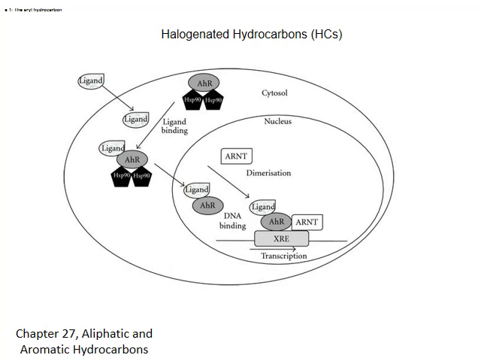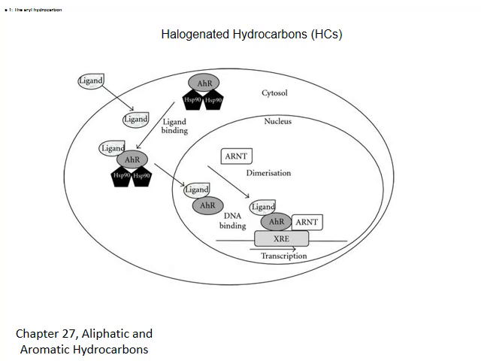If we look at this slide, we have a hypothetical cell, let's call it a hepatocyte. And we have a ligand that diffuses into the cell and binds to something called the AH receptor. The AH receptor is found in the cytoplasm. And when the ligand binds to the receptor, 2 inhibitory proteins called HSP90 dissociate from the receptor.